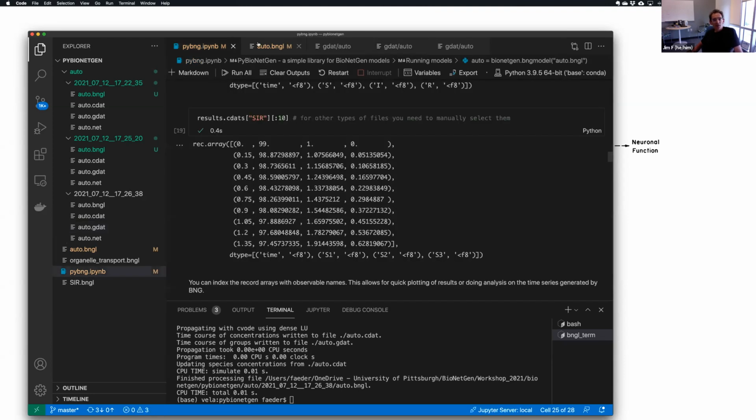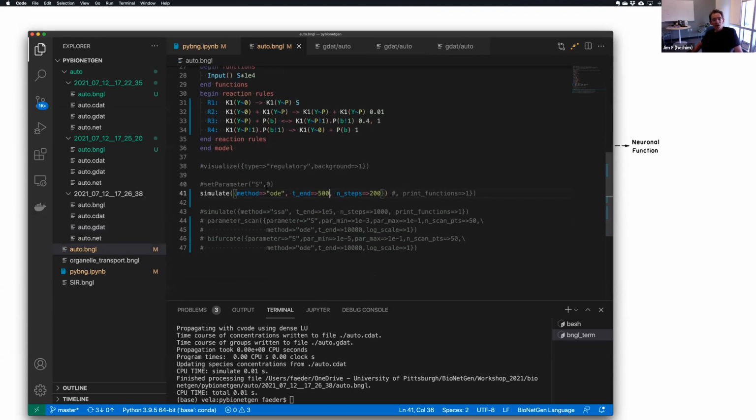And let's go back to, how do we investigate the dependence of the steady state on the S value? The first thing that we could do is make a parameter scan.